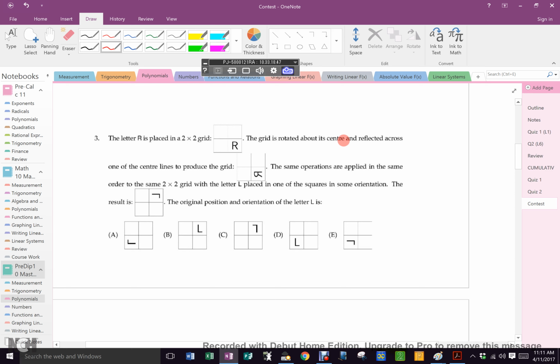So we're going to rotate and reflect. So to get this guy to here, you could have rotated once this way. So this guy would be here, and then flipped him over, and he'd be here.